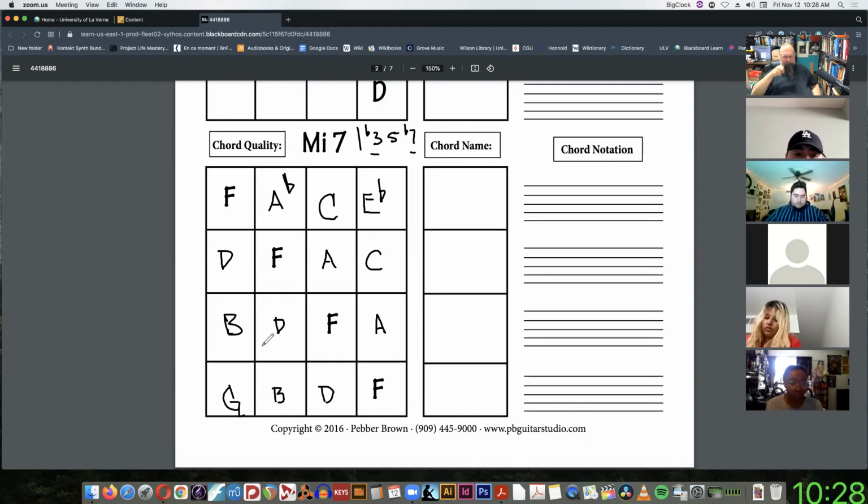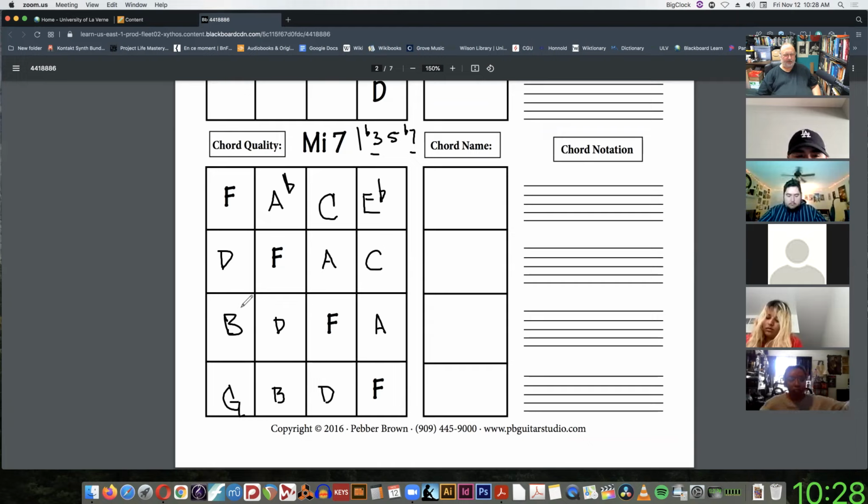B, D, F, A. What do we got to do to that one? The F stays the same, so that's a 5, right? Perfect fifth.